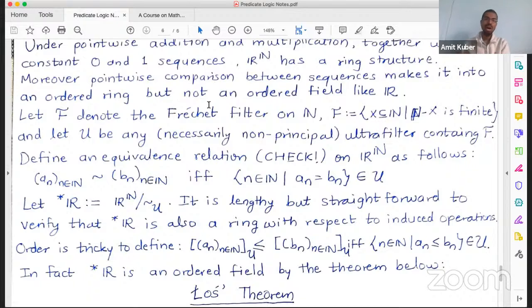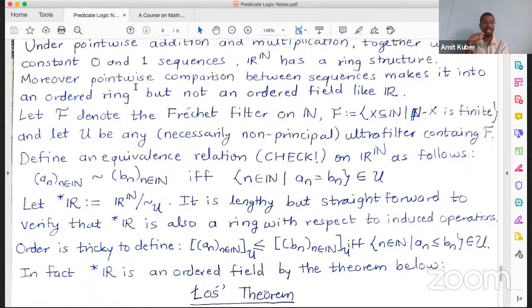Now our idea is, especially about this ordering, that we want to say the sequence a1, a2, ..., an is less than or equal to b1, b2, ..., bn if an is less than or equal to bn on a large subset of natural numbers, for a large set of indices.